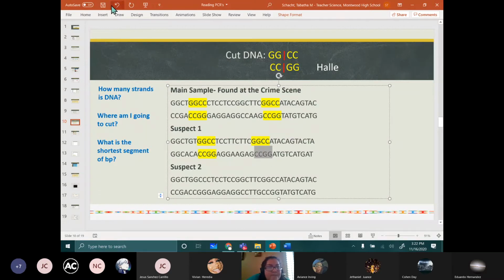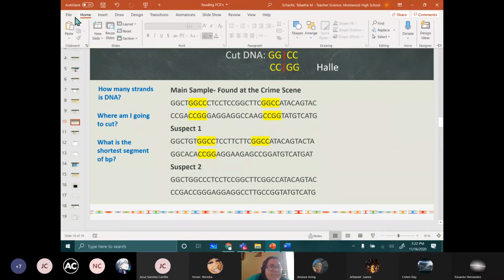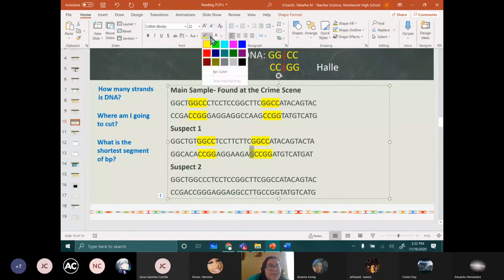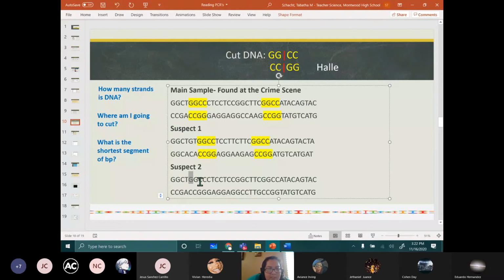Okay, there it is. And you might wonder, sometimes it doesn't look aligned, and that's just because of the way it types out, okay? Don't worry, you have the right amount of base pairs. Okay, so all I'm doing is I'm highlighting my GGCC, and you're going to do that to both of them.